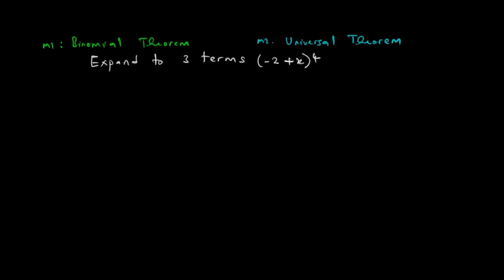Okay, we start with the binomial theorem. Does the binomial theorem apply here in our question? What's your answer? If it's yes, you are correct, because we have two terms, -2 and x. We also have a positive power, which is a whole number, 4. So we can apply it.